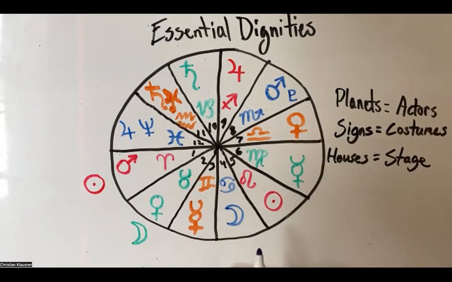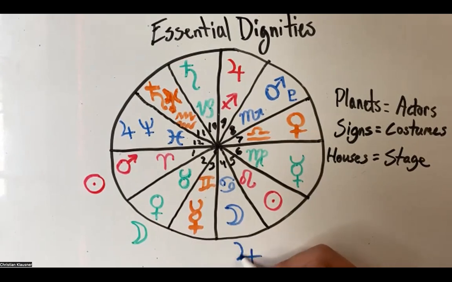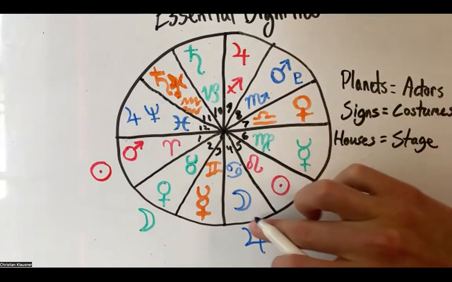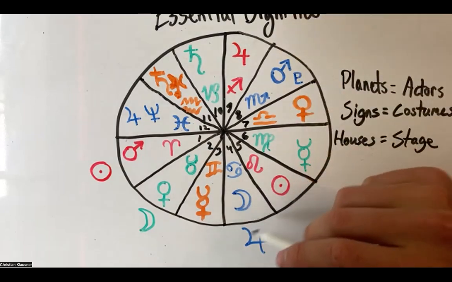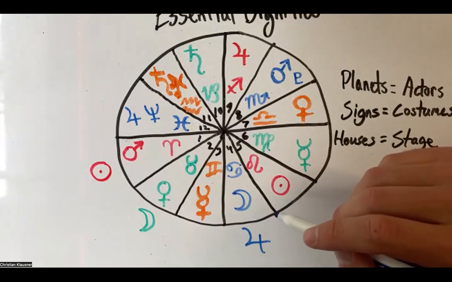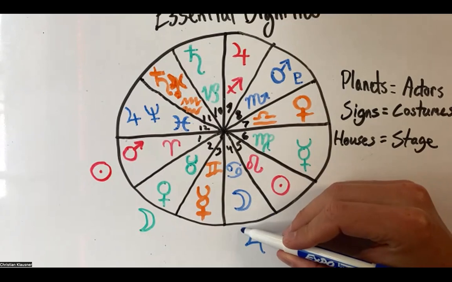Okay, so the exalted planet for Cancer is Jupiter. Jupiter is exalted in Cancer. And this kind of shows that emotion and the maternal aspect of the soul and that part of us that wants to nurture, that's really meaningful.